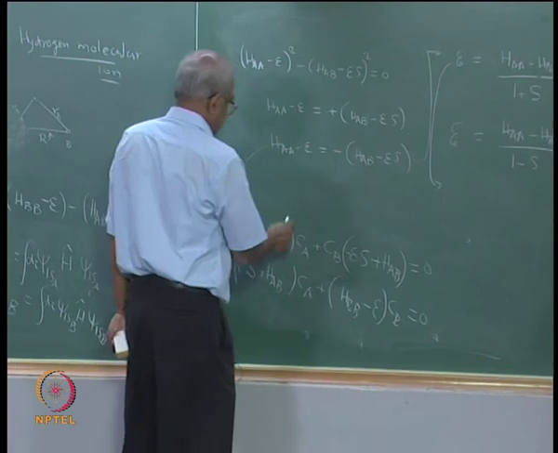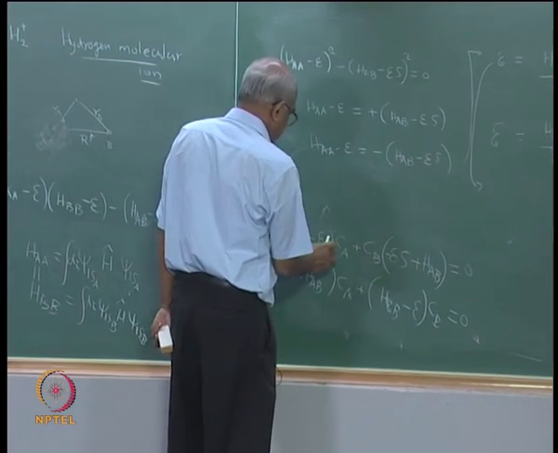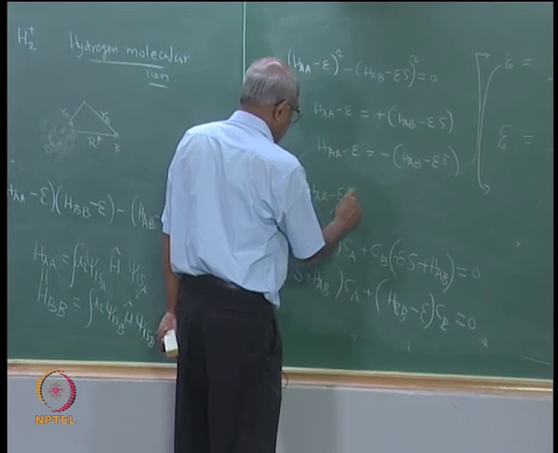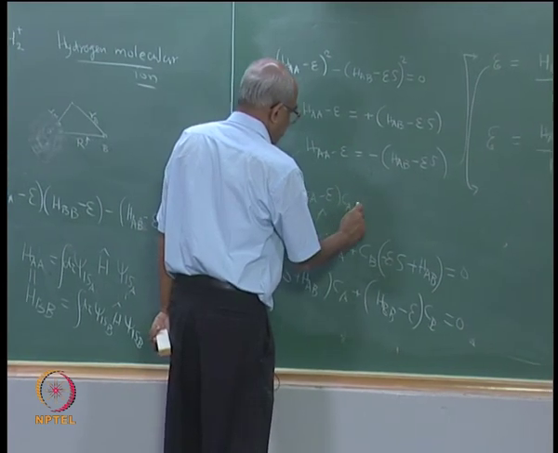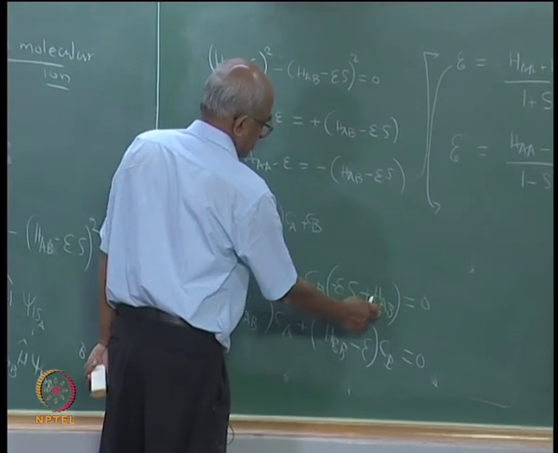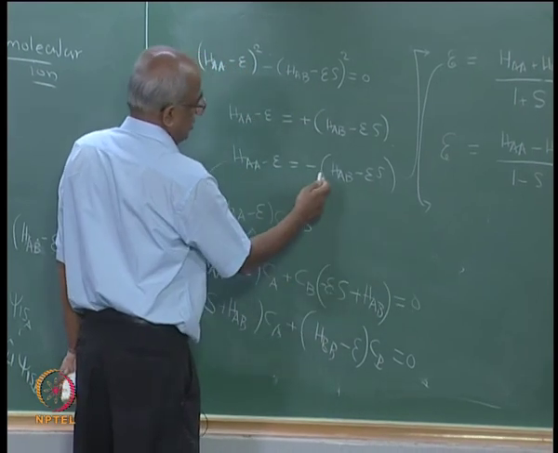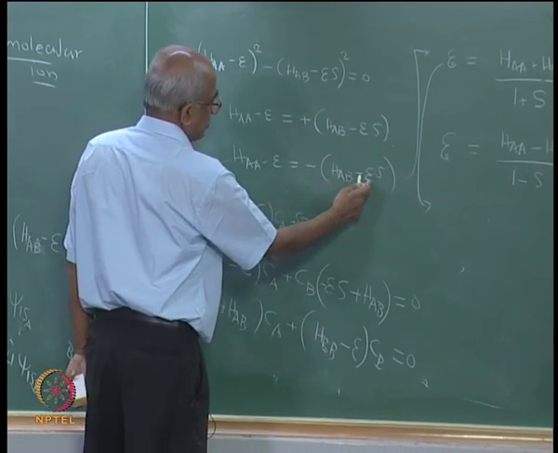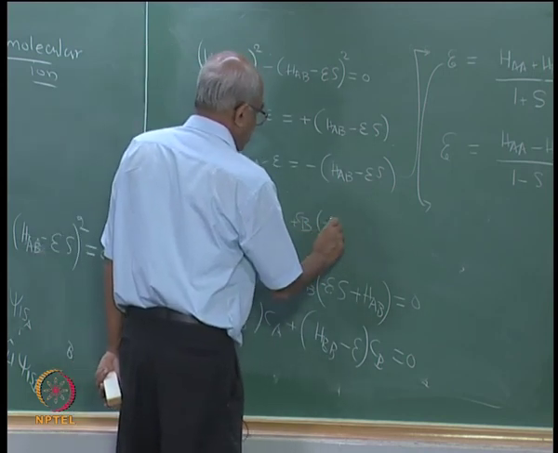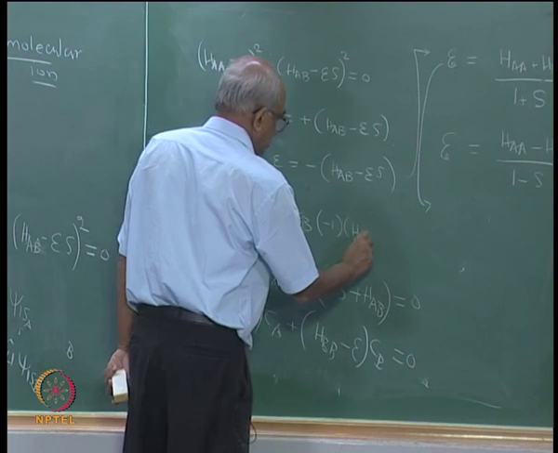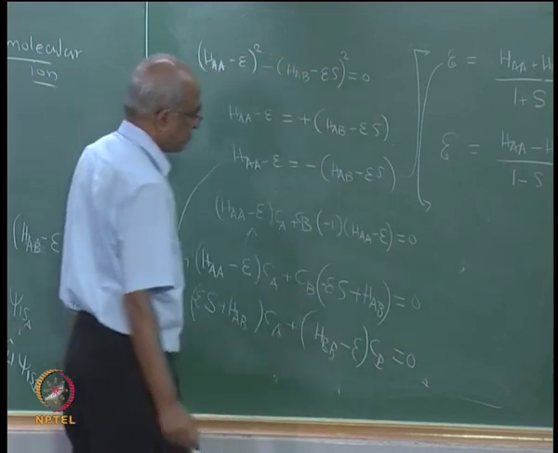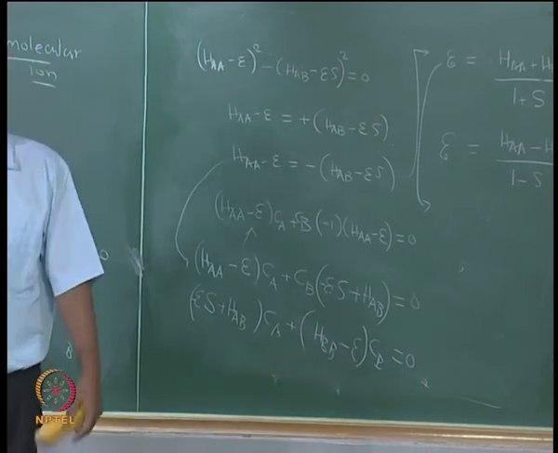This equation, if you put it into this equation, what you are going to get is, on the left hand side you have (HAA minus script E) into CA plus CB into (HAB minus script E into S). So, if you took this negative sign to the other side, you are going to get minus 1 into (HAA minus script E), and that should be equal to 0, right.